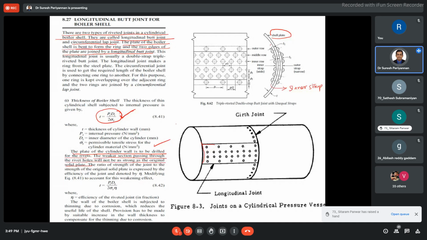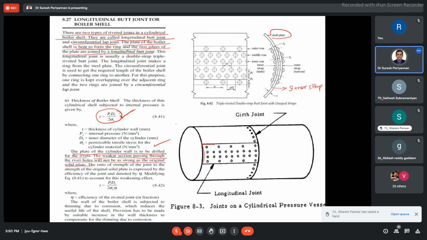Suppose you are not using any holes, the strength of the plate is better, and the thickness will give the exact value. Suppose we make holes and insert the rivet, then obviously the strength is going to be less compared to the original solid plate. Hence, how can I say the thickness is the same as the original plate?